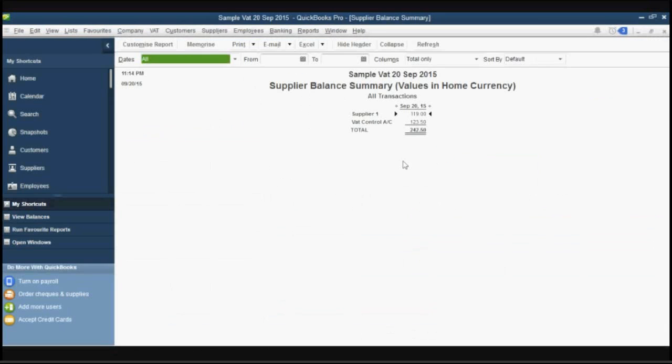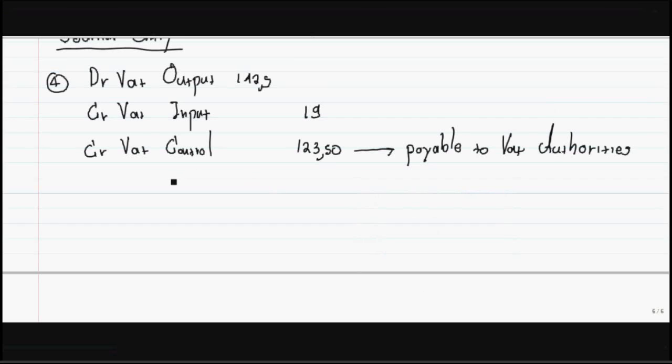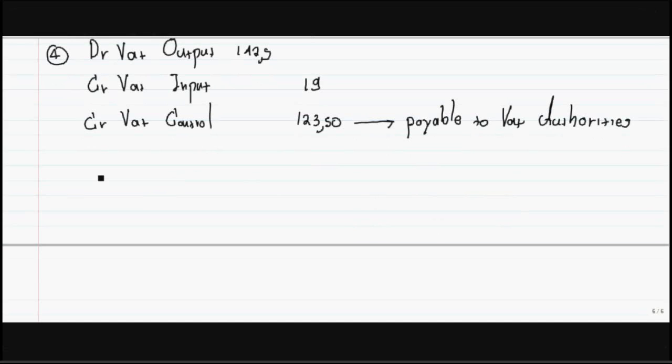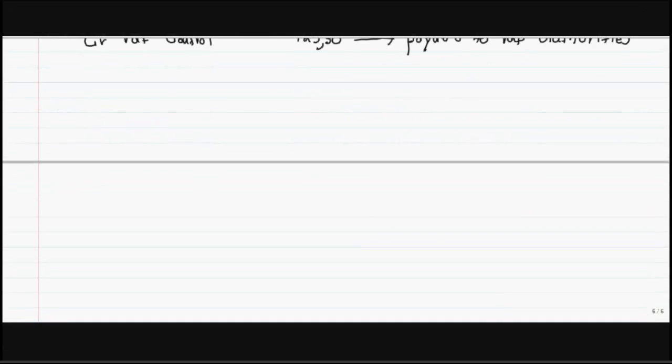This one, we owe to supplier 1 this, and to the VAT control account, which is the VAT authorities, 123.5 euros. Now, let's explain how you pay and submit.